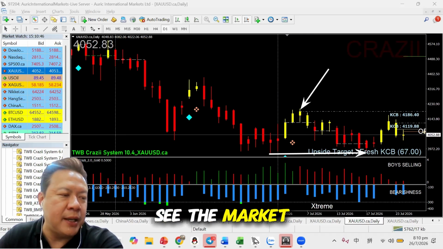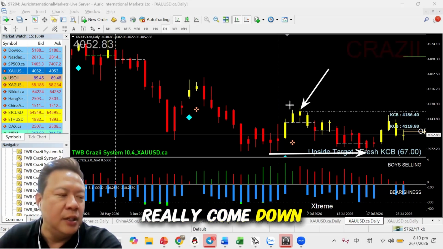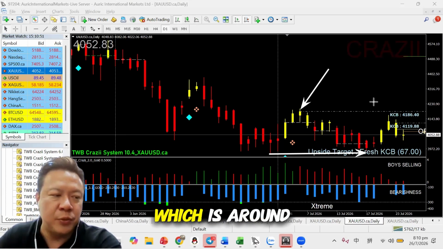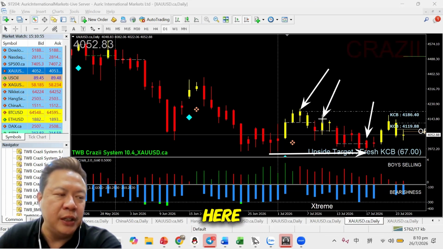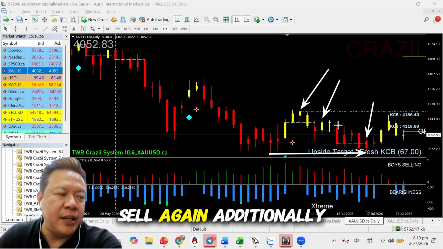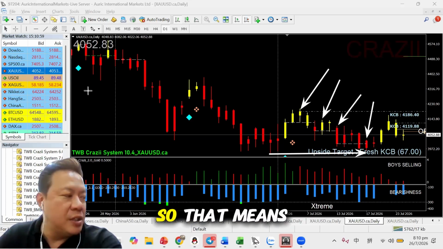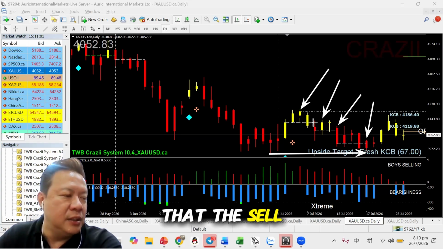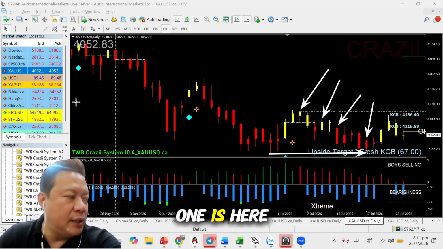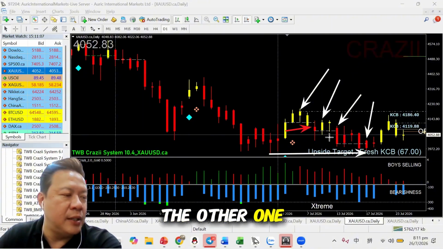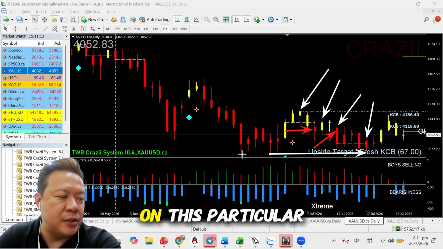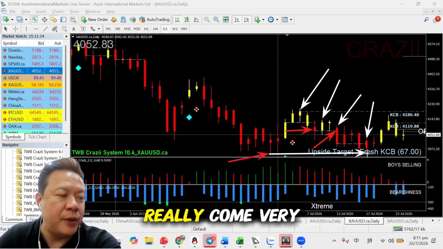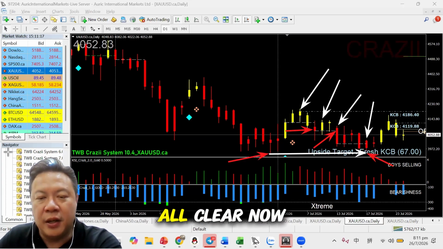And you can see the market really come down to hit that stop loss, which is around here. And there will be one more K trend, which is here. So you can sell again additionally over here. So that means that for the sell, there were two. One is here. The other one is here. Can you see that? And all the TP is based on this particular point where the market really came very nearby to it. All clear?